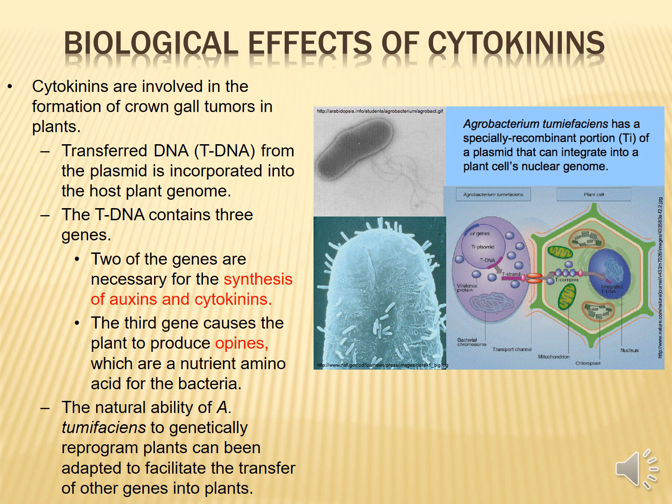And the third gene is helpful to produce nutrients for the bacteria, which we call opines. So this kind of regulation of cytokinin with A. tumefaciens will actually reprogram the plant if they are infected by the bacteria A. tumefaciens.